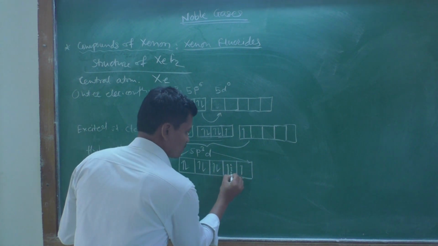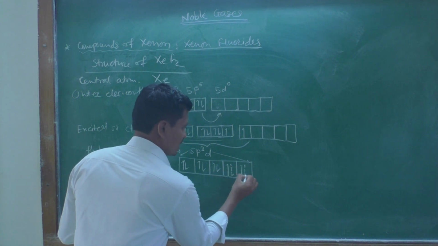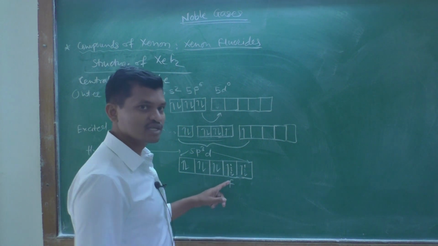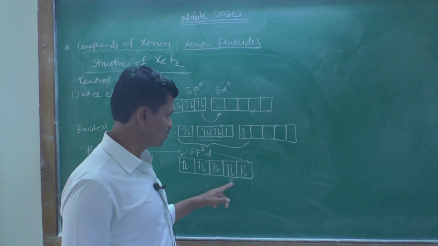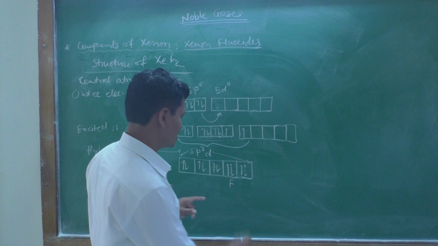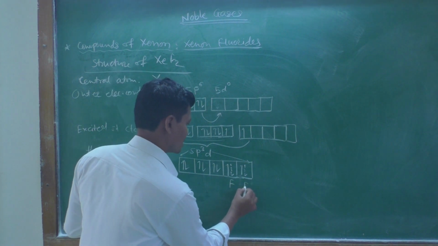So these orbitals having single electrons combine with fluorine atoms. I am drawing the fluorine electron by a dotted arrow, okay. So this is one fluorine sharing its electron with this sp3d hybrid orbital of xenon, and this is another fluorine.